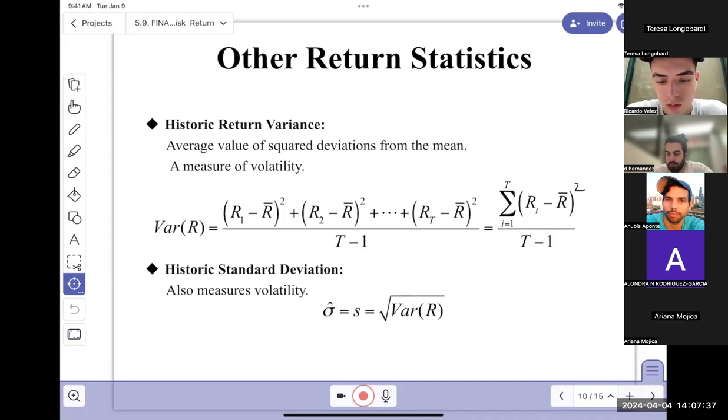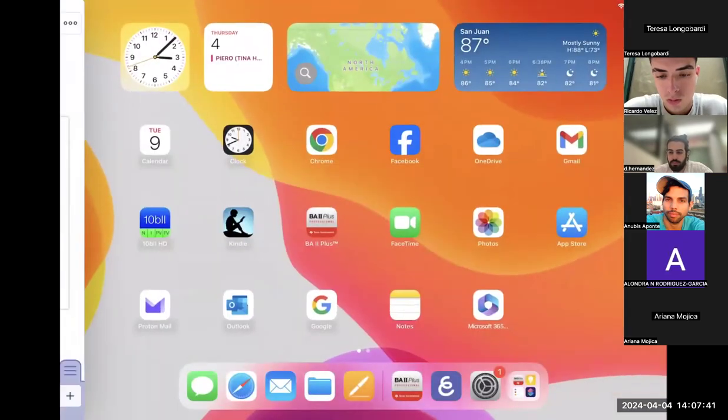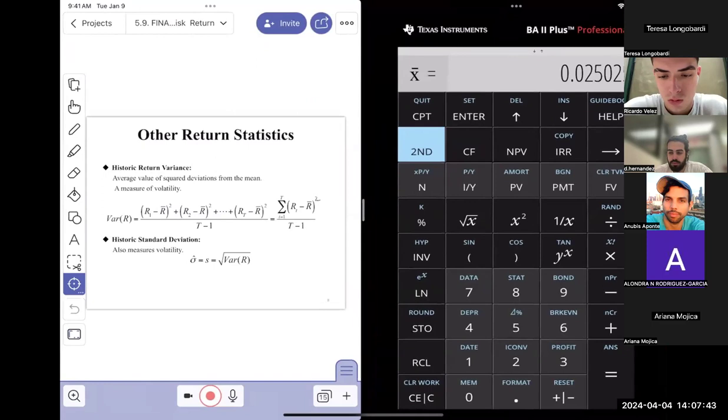So now I want you to go back to your calculators and pull out that number, because if you left the data in the calculator, you could continue with the arrow to find the standard deviation. So what is the sample standard deviation of the data of the S&P 500 returns over that volatile period?